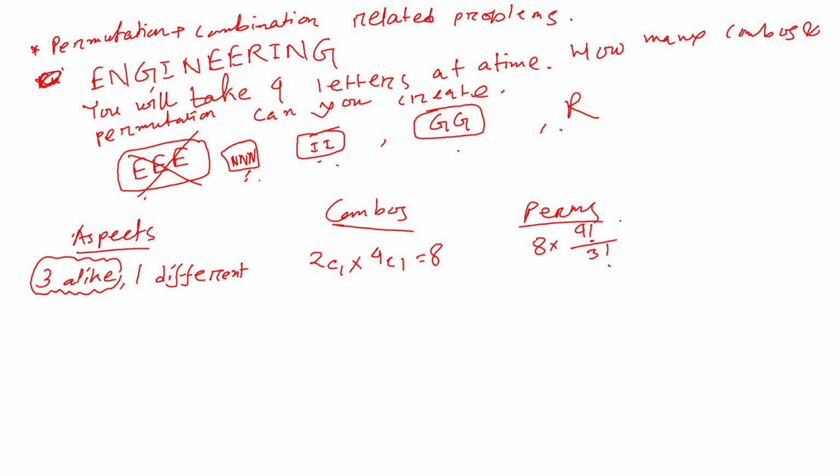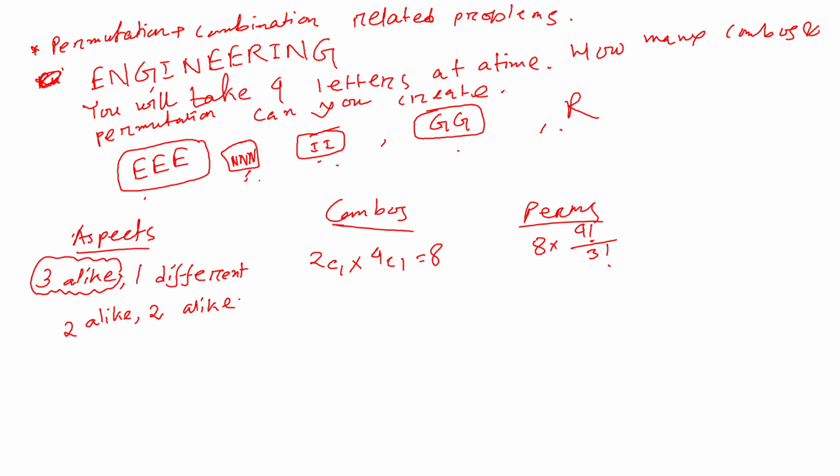Now another aspect could be I can take 2 alike because I have 4 sets of 2 or more alike, right? There are 2 I's, 2 G's, 3 N's, 3 E's. So there are 4 sets which involve 2 or more alike letters. So that means I could take 2 alike and 2 alike. Is that correct?